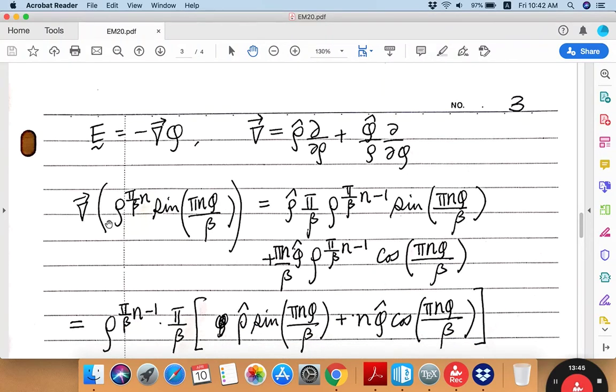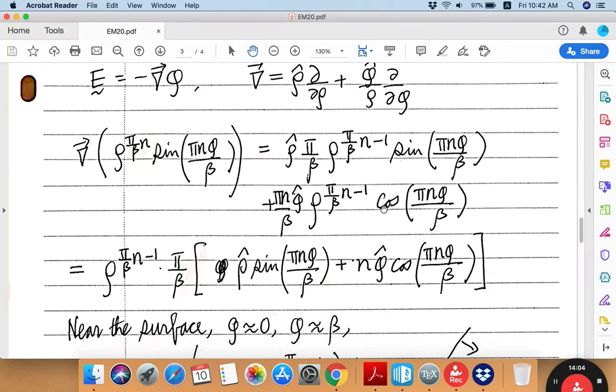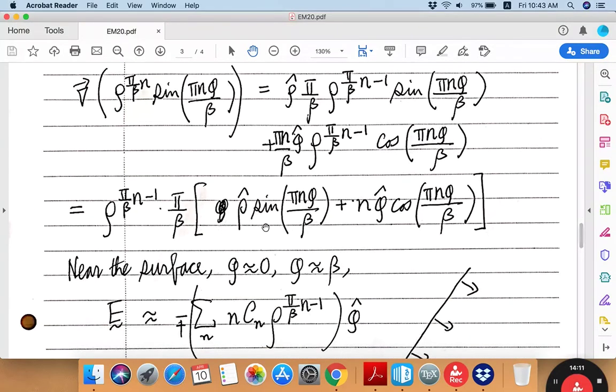So when you apply a gradient to a function like this, then you have two components, one radial and one angular, and they each look like this. You can check this by performing some differentiation. And they can be collected into this pretty nice form.